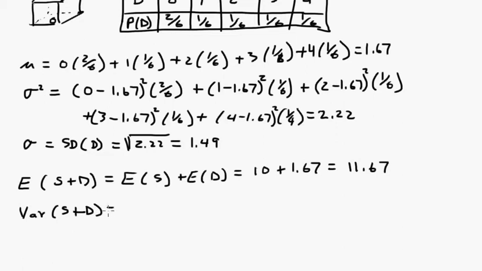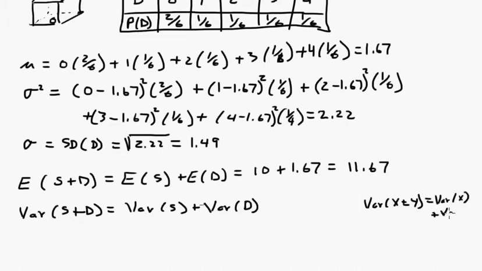The variance of two random variables, we just add them. In the book, it's the variance of x plus or minus y is equal to the variance of x plus the variance of y. This is on page 380.